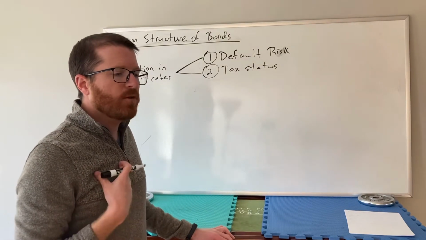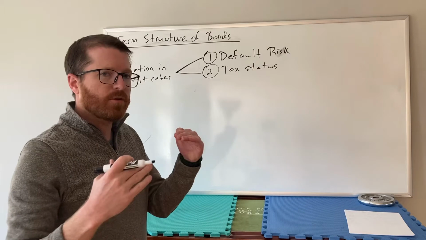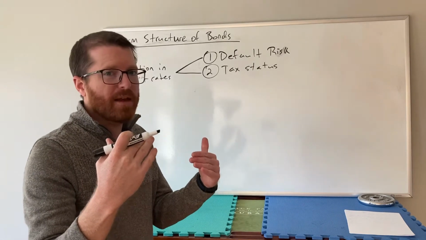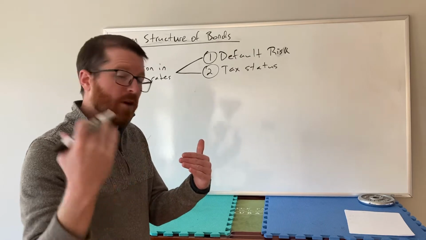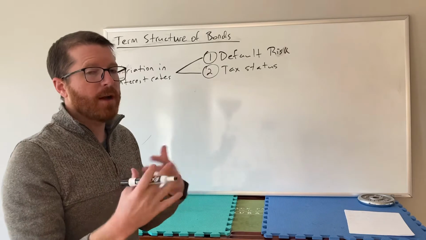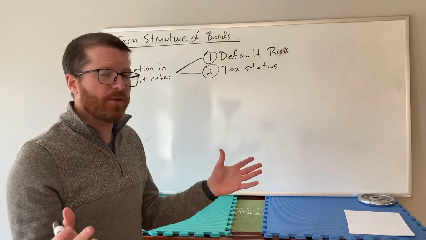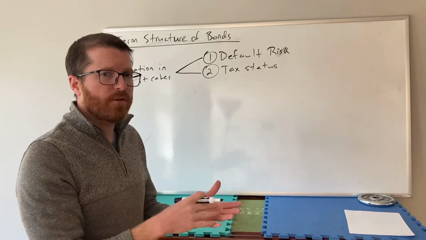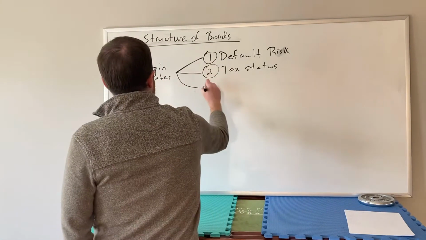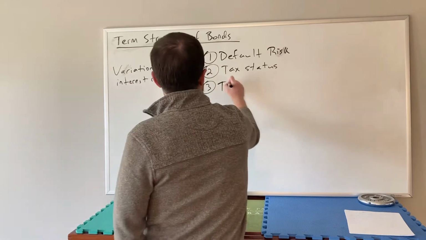If I'm choosing between two bonds, one that's 3% and one that's 4%, I might actually choose to buy the 3% bond if it's municipal over a 4% corporate bond, okay? So when we think about how bond interest rates vary across all the bonds that are offered, municipal bonds have lower payouts, lower rates. And then the third that we're going to talk about now is the term structure.